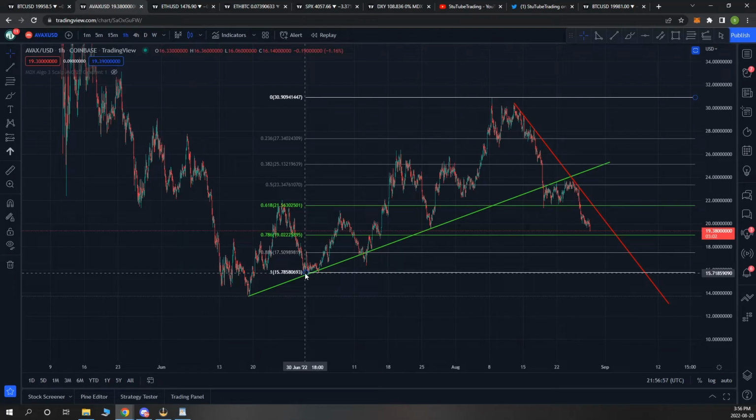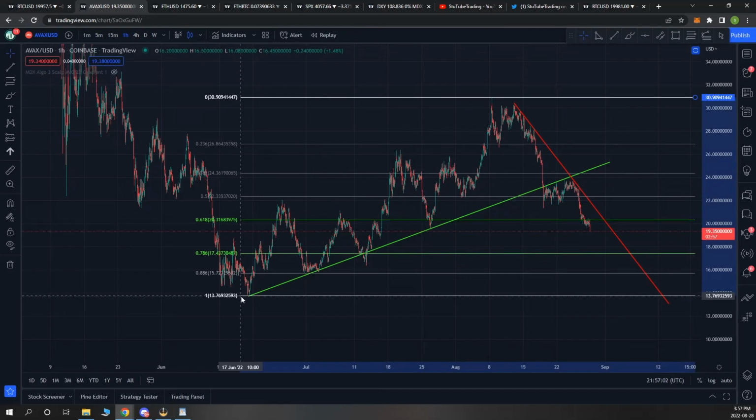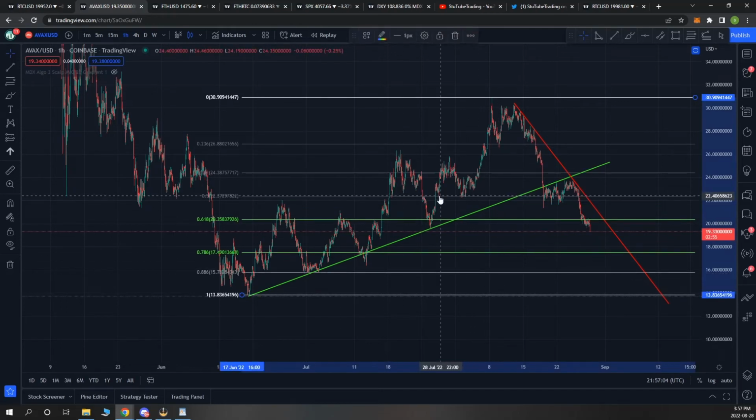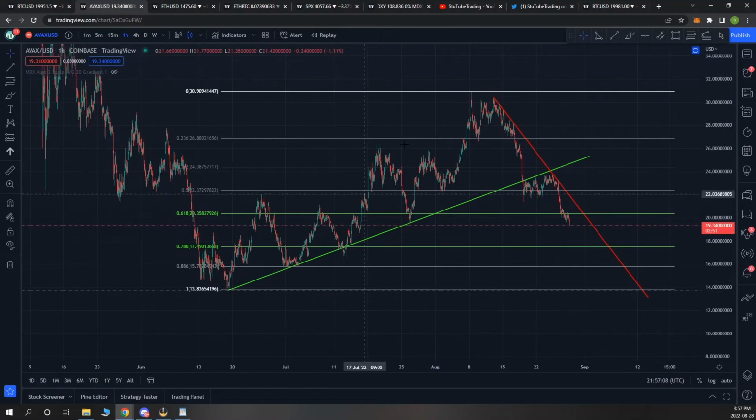Some of that is preference. I personally like to do the full range, but that's just me. It kind of depends how you like to look at it.